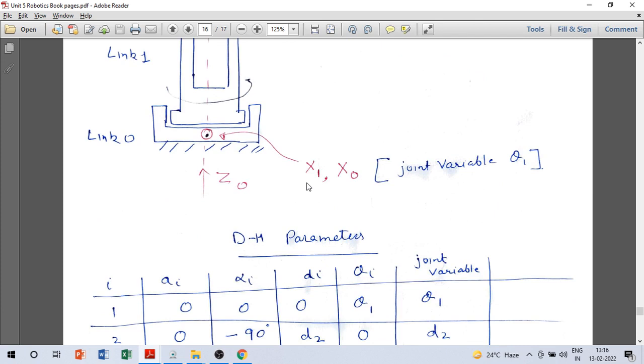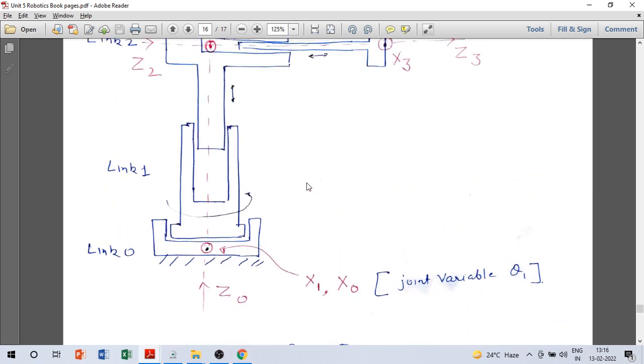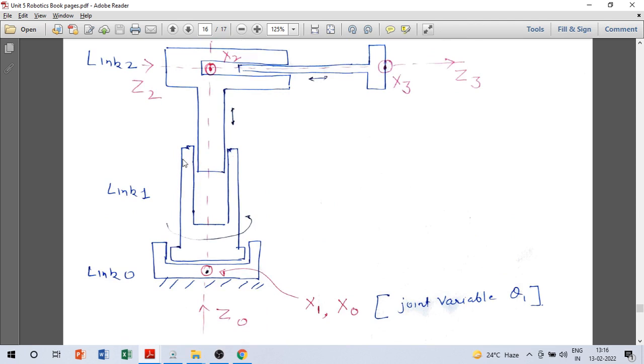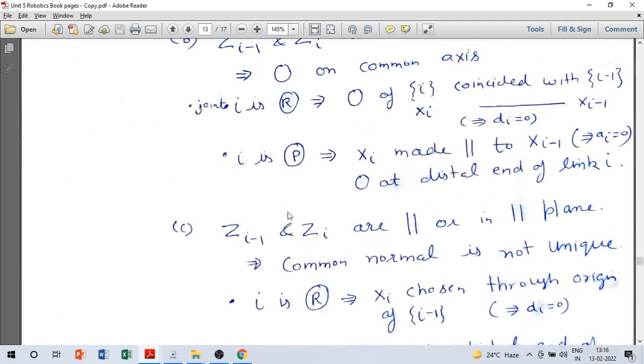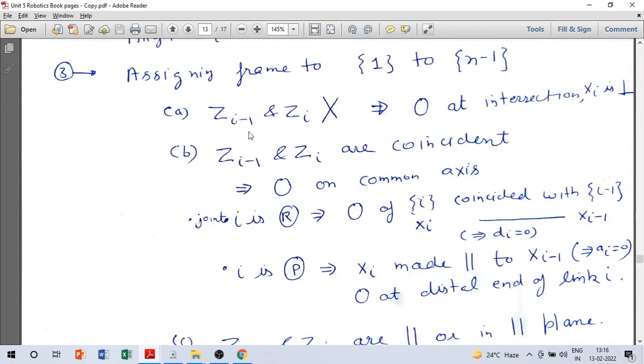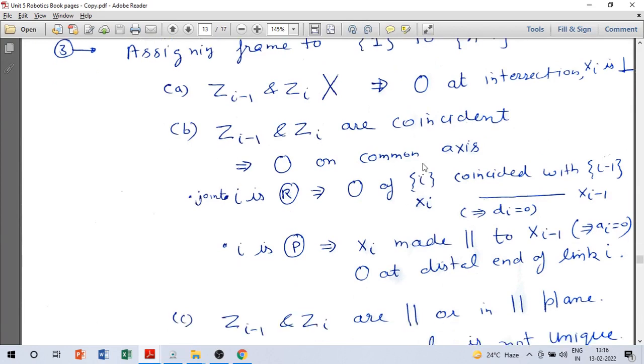After that we have to assign the x-axis for intermediate links. Let us look at link 1. For link 1 we have the z0 axis going up and the z1 axis also going up, so z0 and z1 are coincident. So how to assign the x-axis when the z axes are coincident? We had a point for that. If z i minus 1 and z i are coincident, then what to do?